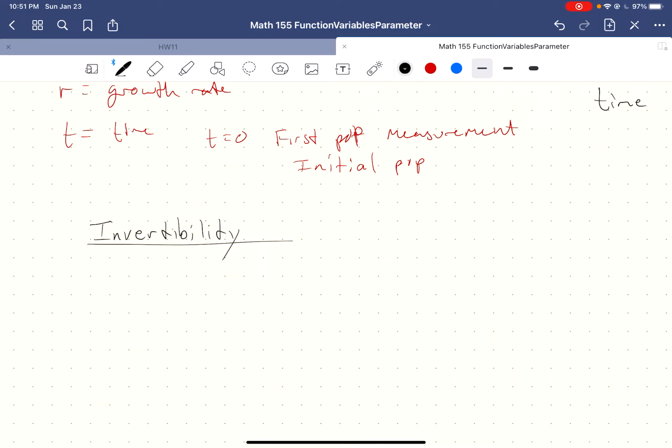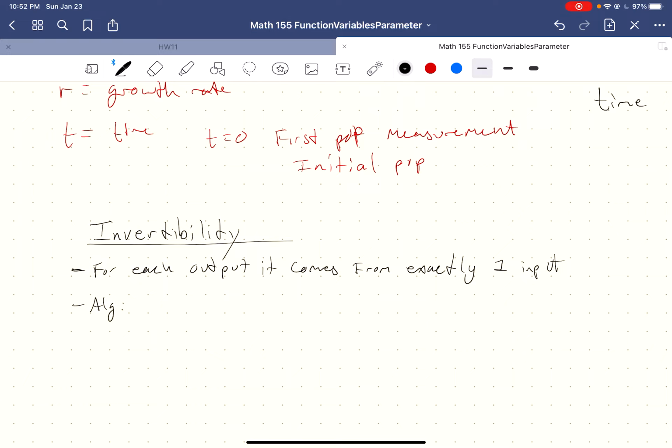Invertible is if each output comes from exactly one input. And so that's sort of what it means in words.